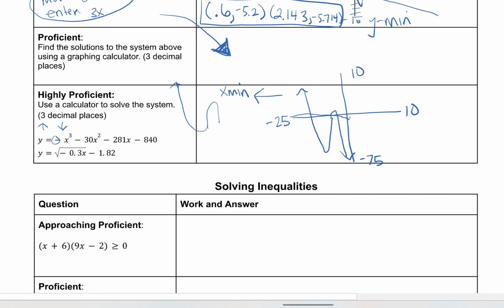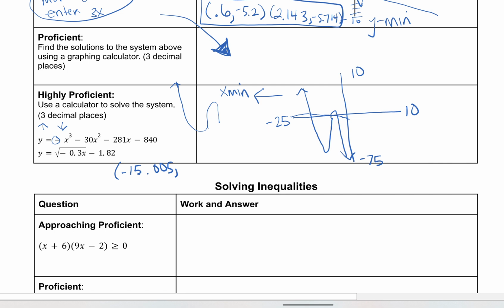And it's crossing in 1, 2, and 3 places. So to find these intersection points, I'm going to have to do second trace number 5, move close to that farthest left, intersect, enter, enter, enter.